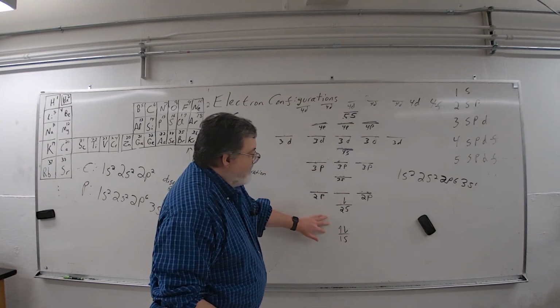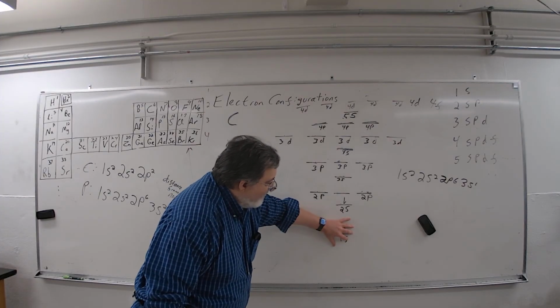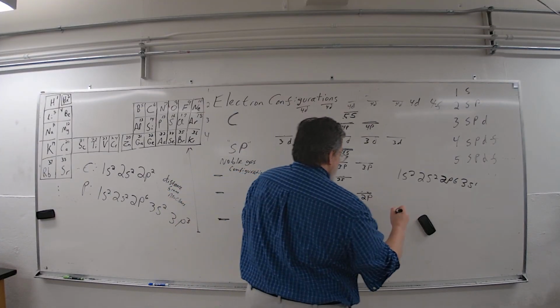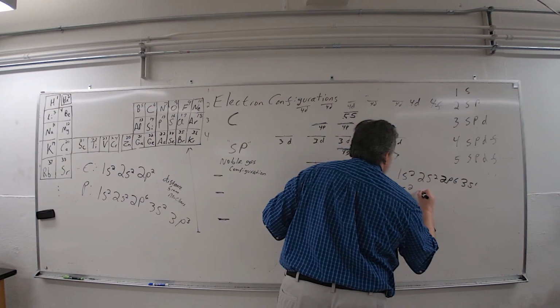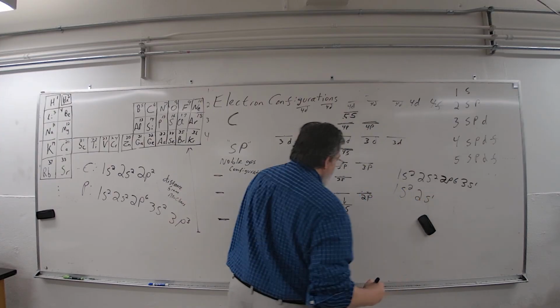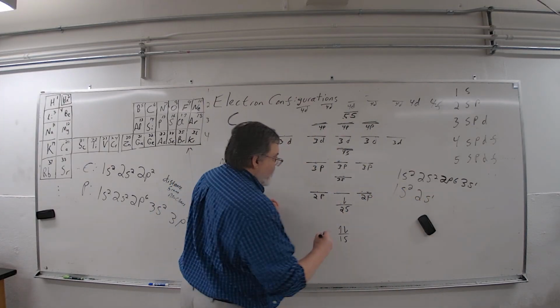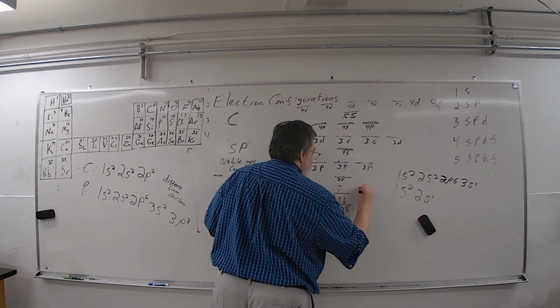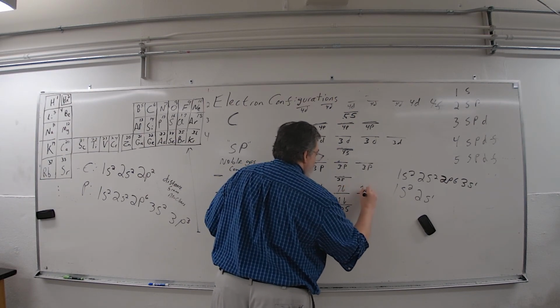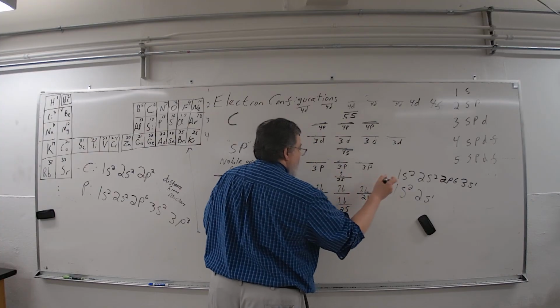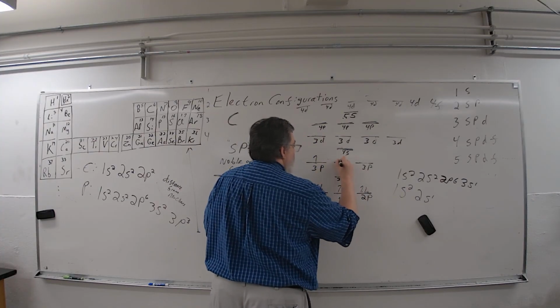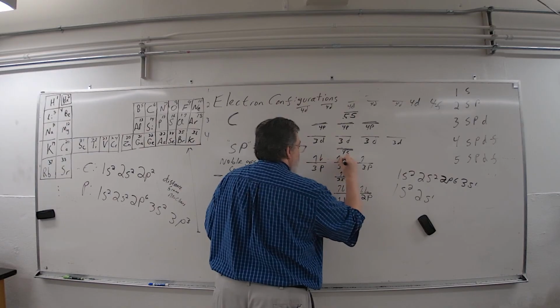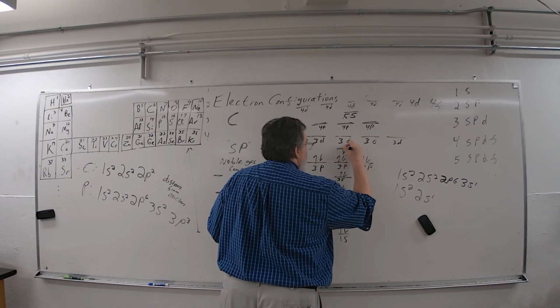That configuration, where I have a full shell here, and then I start the s like I did here, this would be 1s2, 2s1. Okay, that's that one, but let me keep going. The 4s.